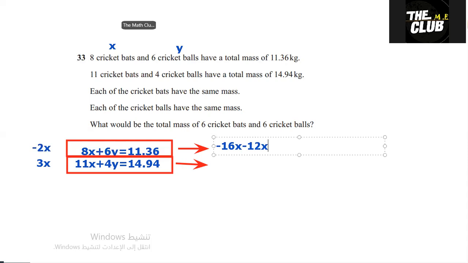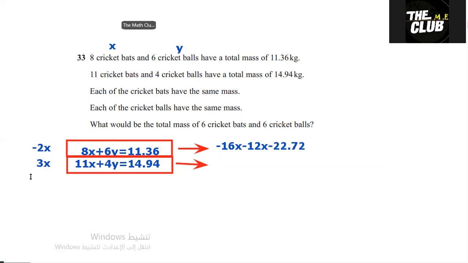I'll use a calculator for this. Let me see. So negative 2 multiplied by 11.36, and the answer is negative 22.72.